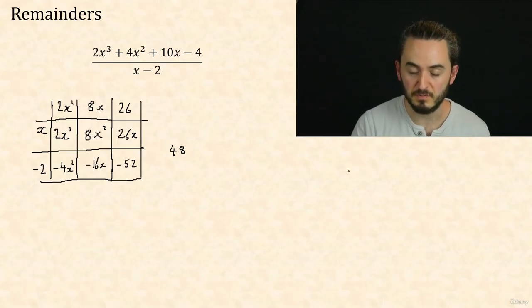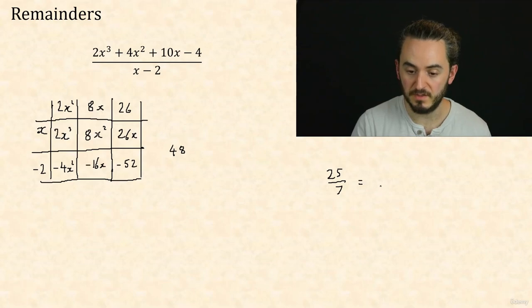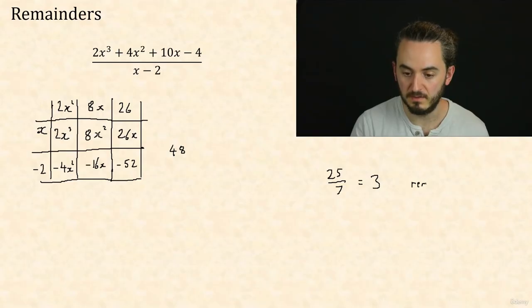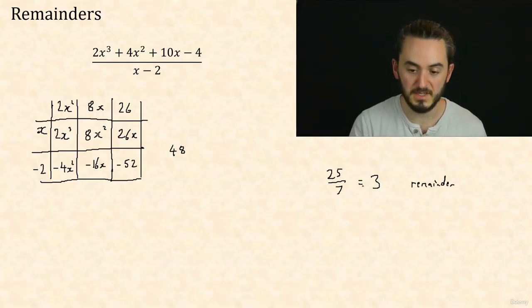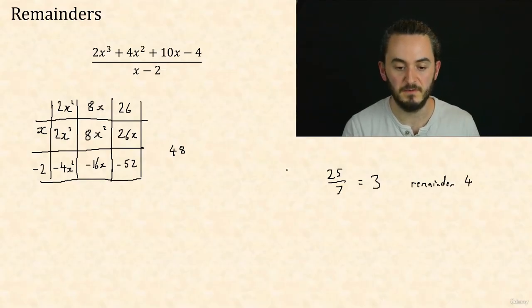It's very much parallel to, if you do 25 divided by 7, you're left with a certain amount. So 7 goes into 25 3 times, but there is a remainder of 4, because 3 times 7 is 21, and there's 4 left over to get you up to 25.